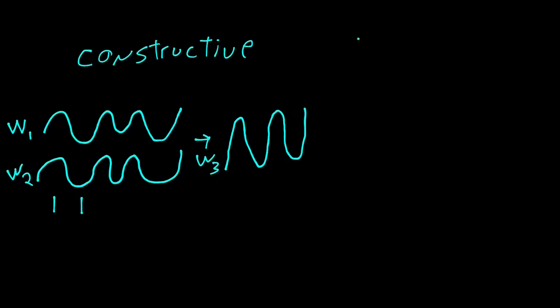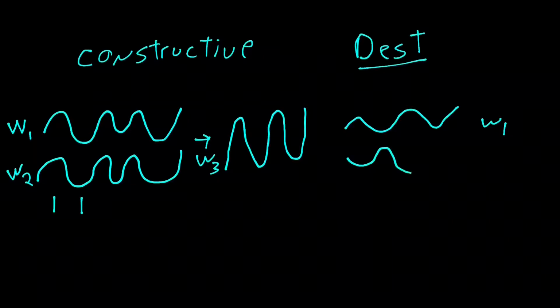Conversely, we can have a destructive pattern where wave 1 and wave 2, let's see if we can draw this accurately. You can see that these are approximately 180 degrees out of phase. Not exactly, because my drawing's terrible.